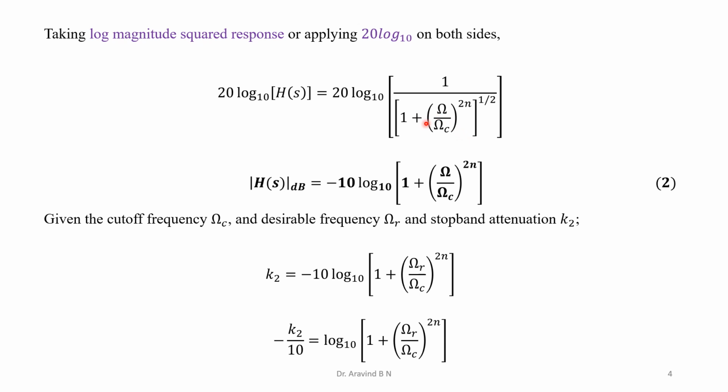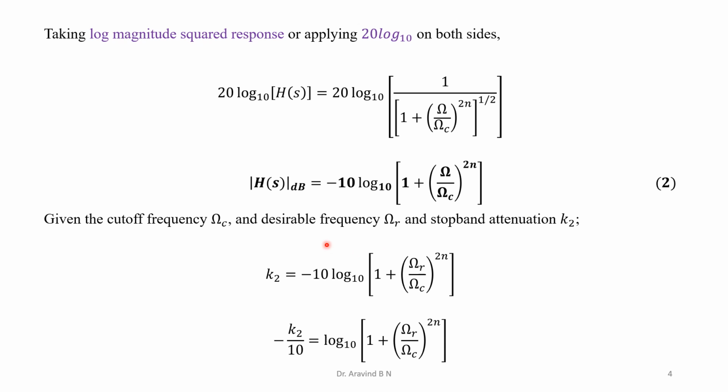Now take the denominator to the numerator, and the power becomes negative. As per the laws of logarithm, we can take this power outside, and by simplification we obtain minus 10 log base 10 of [1 + (omega/omega c)^(2n)]. Let us call this equation 2.